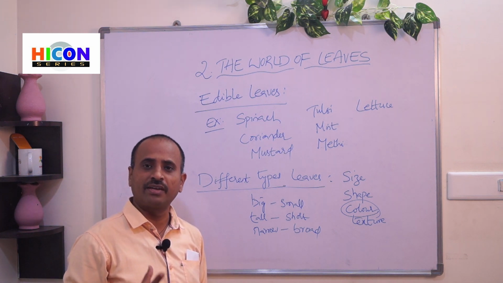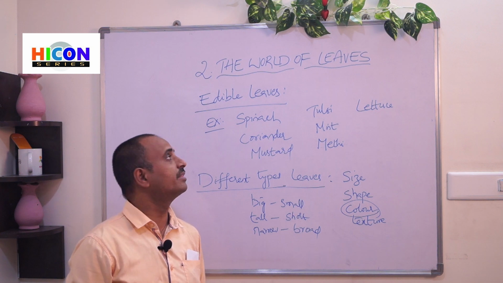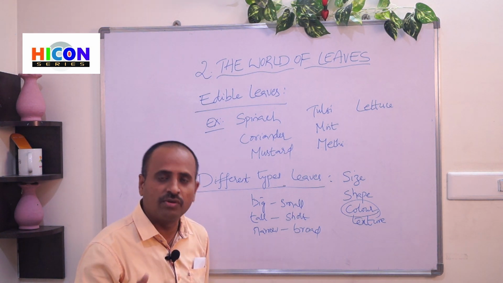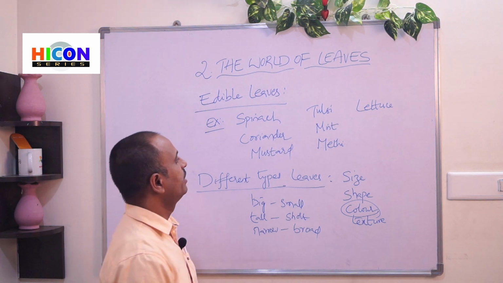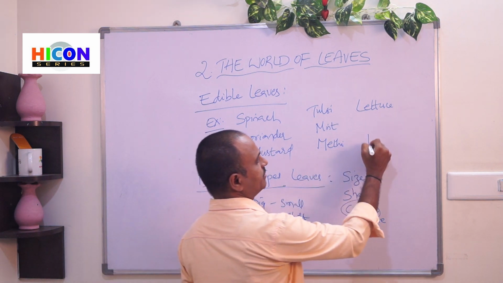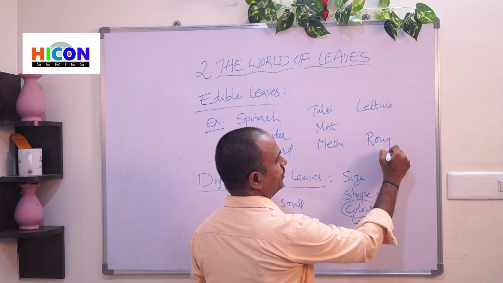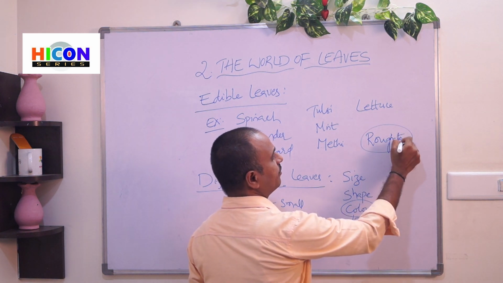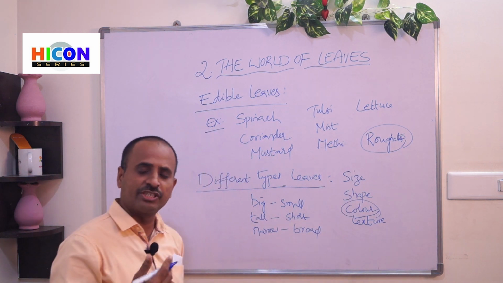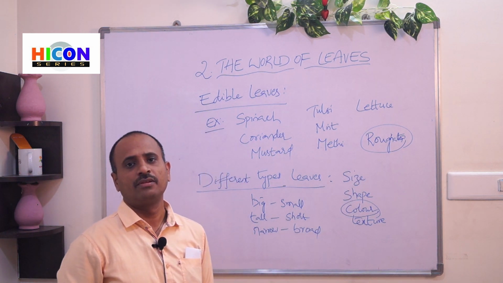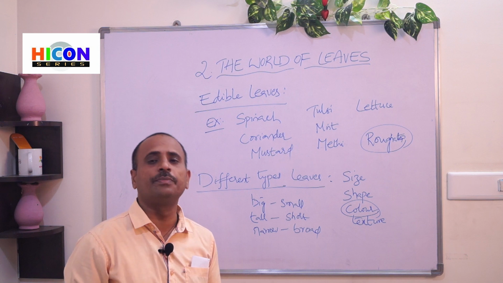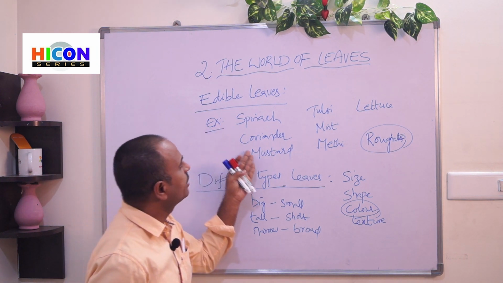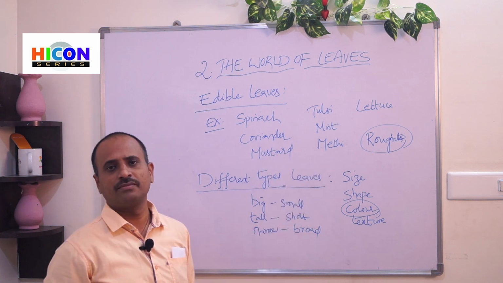That means so many vitamins and minerals are there in the leaves, which are very helpful to our body, and they provide roughage to our body. That means these are very helpful in the digestion of the food, and prevent constipation. So that's why we can eat these types of leaves in our foods.